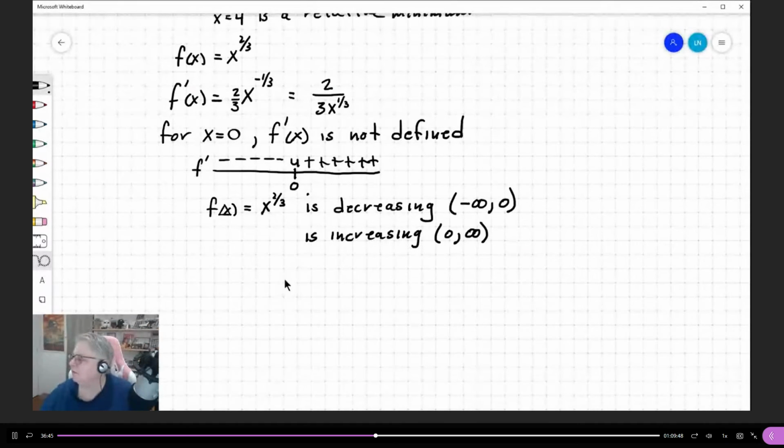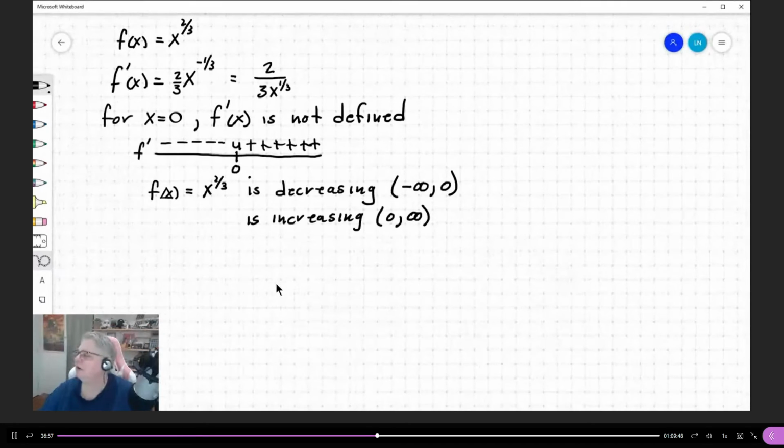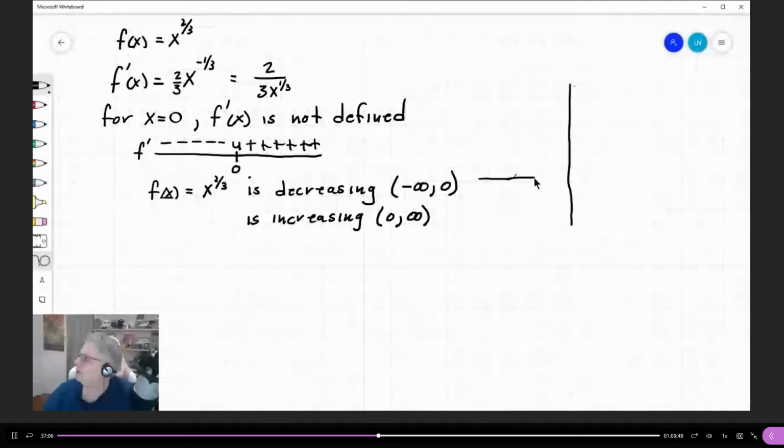All right, now this particular function, we don't have enough information to get the exact shape just from this. I guess you would have to plot some points, but this one's easy for me to draw.